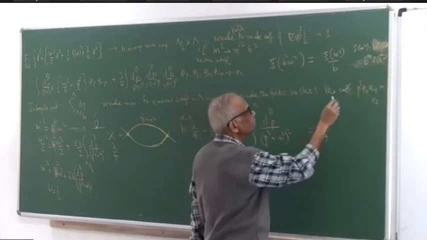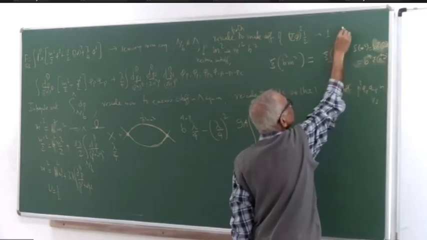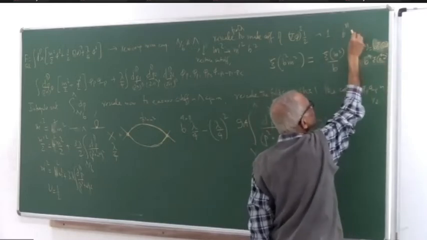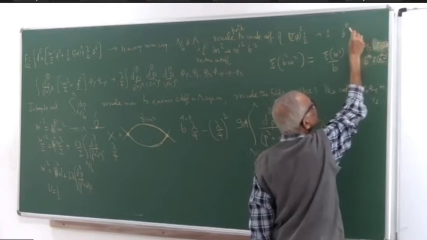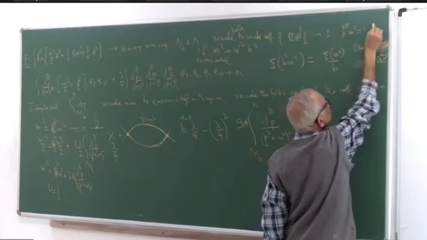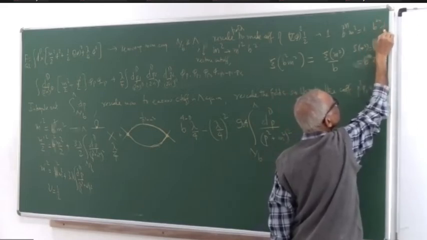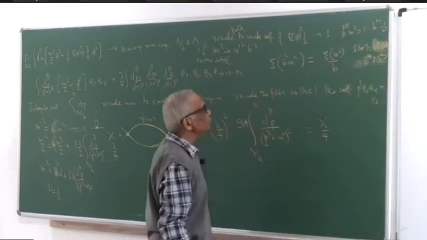And what you do is you set, so you want this to become 1, so b to the power 2n m squared is equal to 1, b to the power 2n is 1 over m squared.